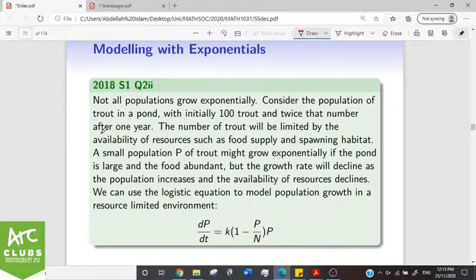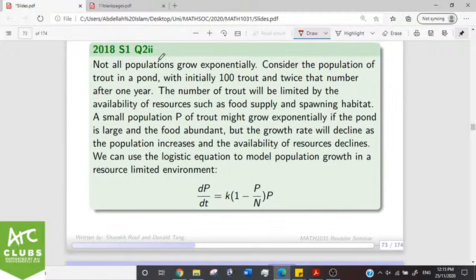Here's one example of using this to model something. If you have a population that's growing exponentially, oh sorry, this one might not be growing exponentially. So you have a population of 100 trout, and within 1 year, that number grows by twice.